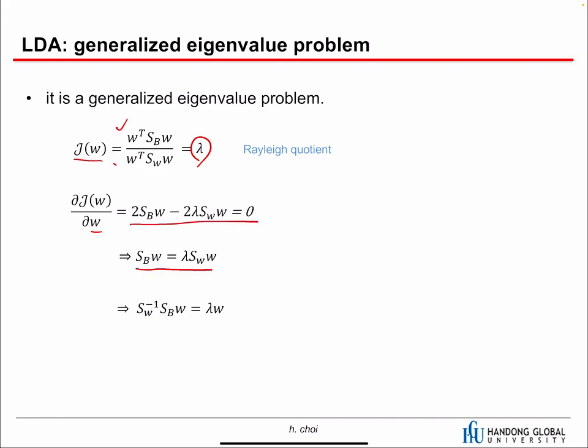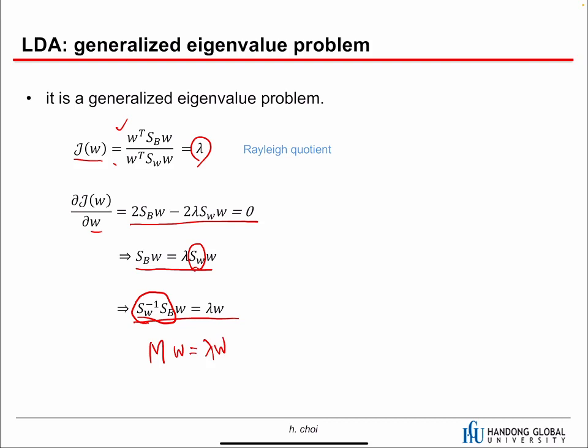Then we can rearrange the terms on the left side and right side. And if S sub w is invertible, then this is what we have. In this case, this is one matrix. Let's say this is M. And this is just an eigendecomposition problem.